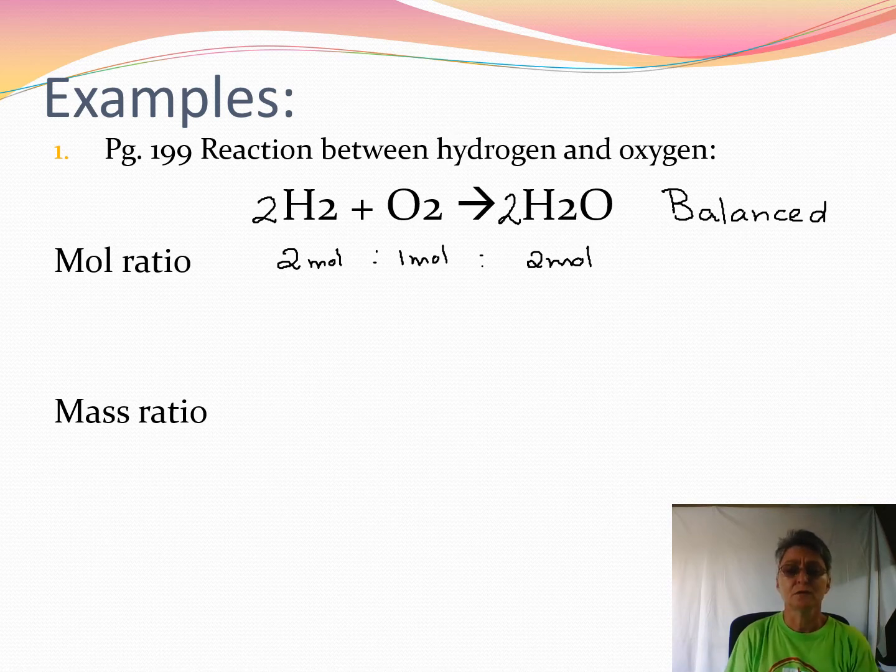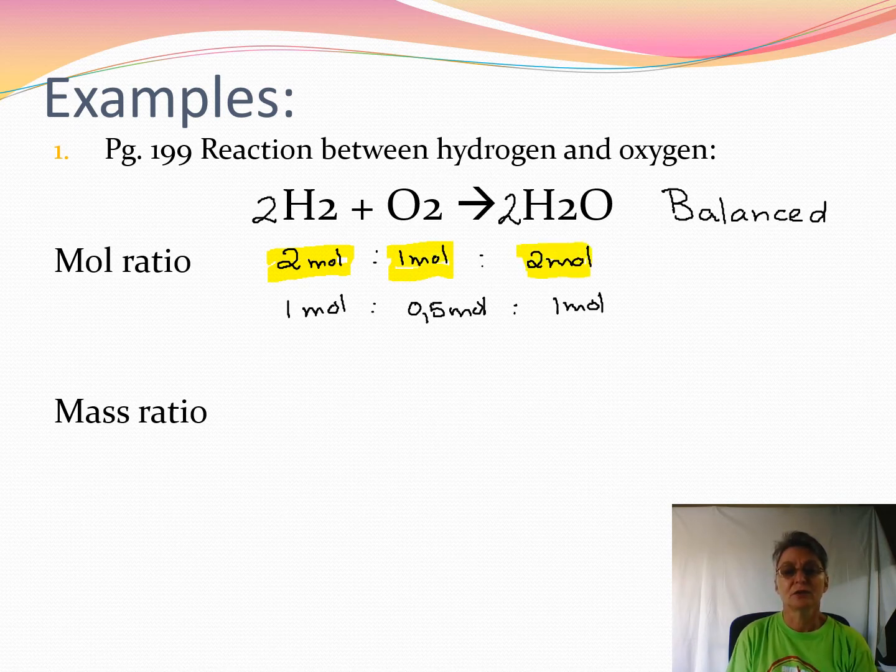Now to take it further, 1 mole of hydrogen will need 0.5 moles of oxygen to form 1 mole of water. The original ratio given by the balanced equation must be maintained.